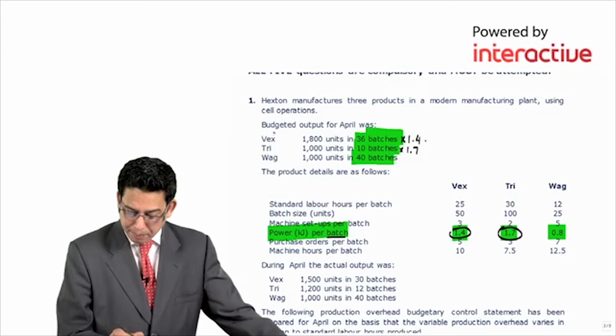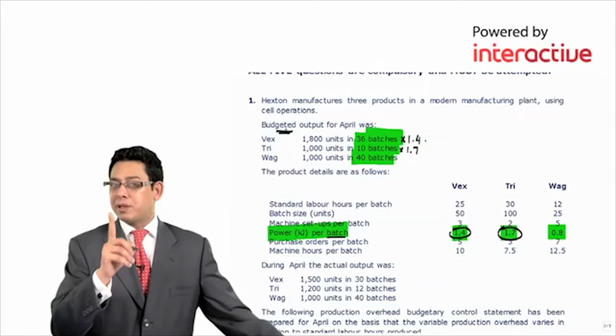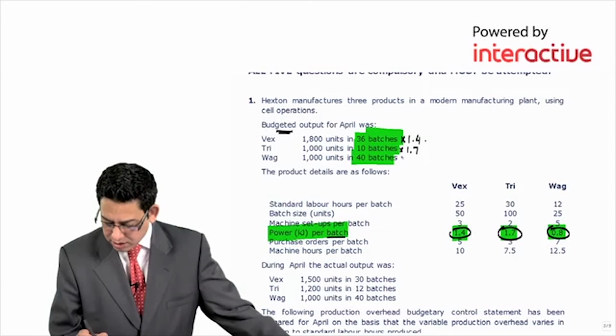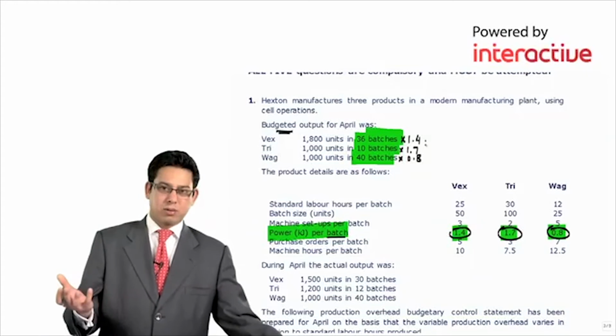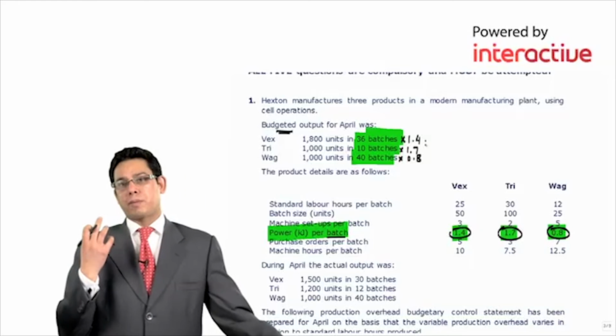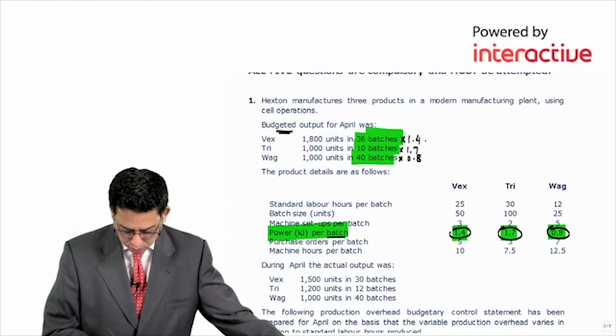Again, can you see I'm picking up the budgeted output, I'm not picking up the actual output. And then 0.8 times 40, and the sum total is called the total number of cost drivers selected for the period. Okay, so that's what we were going to do.